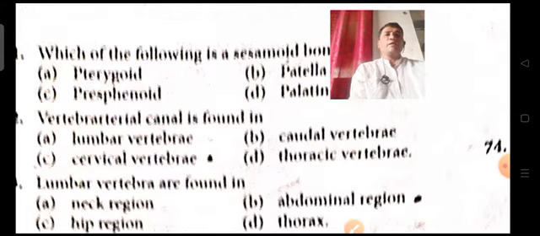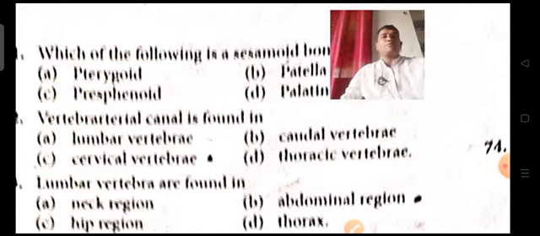Tendon is a type of connective tissue which connects the bone to the muscle, where the tendon moves over the bony surface. So patella is a kneecap which is generally a sesamoid bone, and it is formed by the ossification of a tendon.